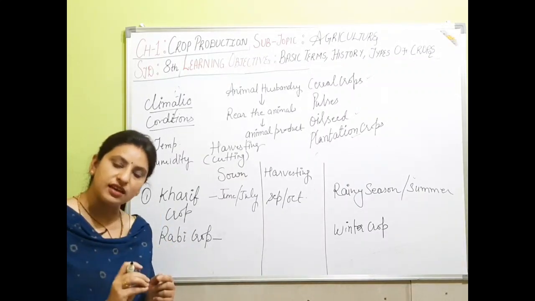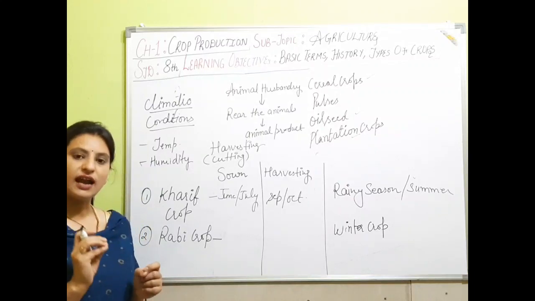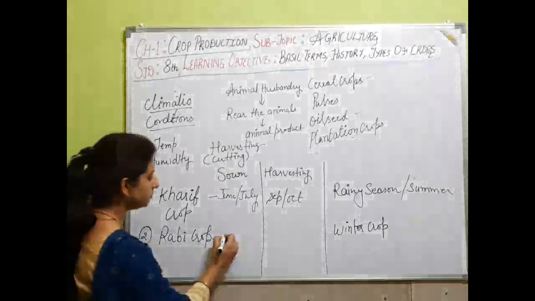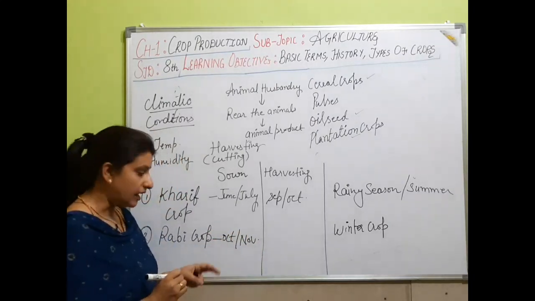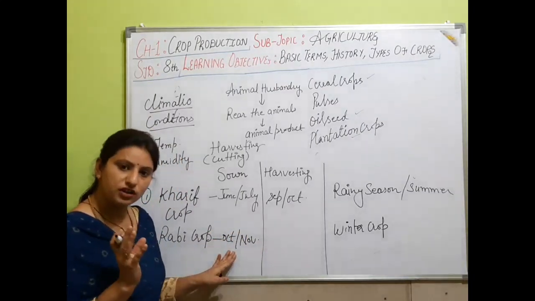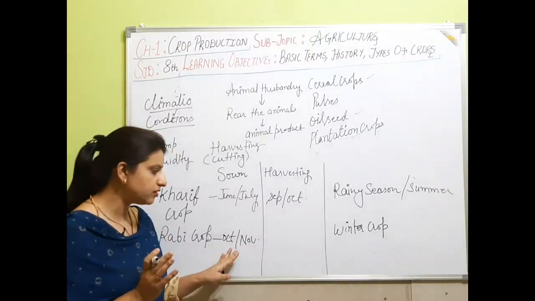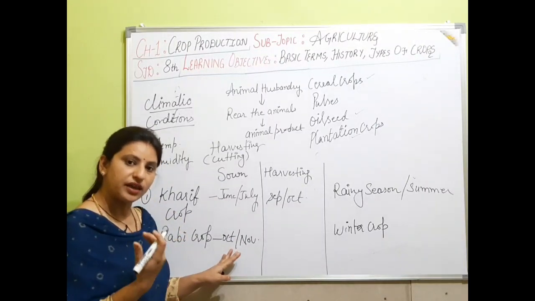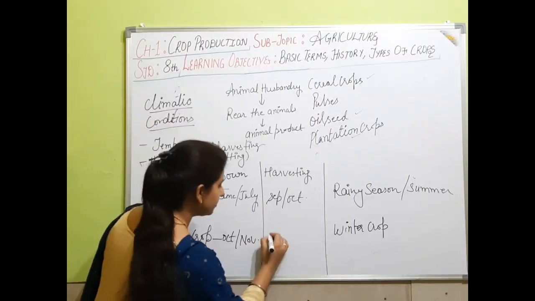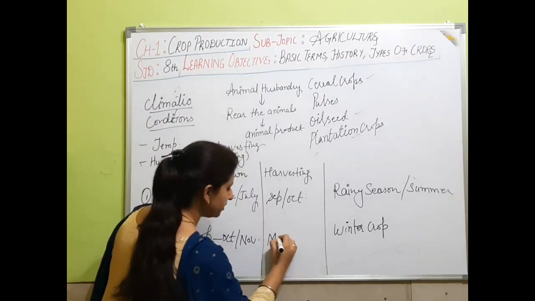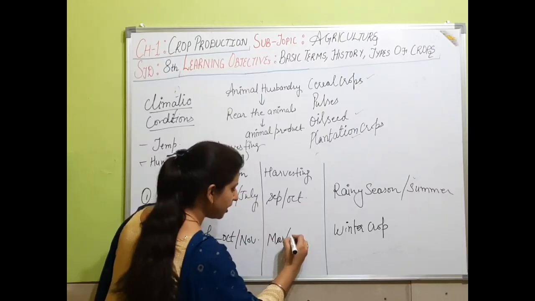The sowing of the seed takes place in October and November, when some cold conditions are there. That time winter is just coming. And for the maturing of the crop, it requires warm temperature, so it is harvested in March, April.